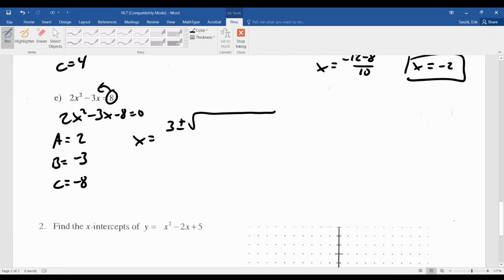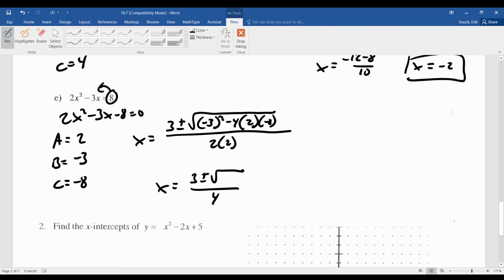All right, it's back. So B squared minus 4 times A times C all over 2 times A. And on this one, you're going to get 3 plus or minus, denominator is 4. Negative 3 squared, if you type in this, that comes out to 73.